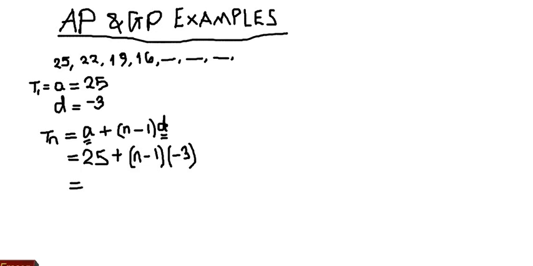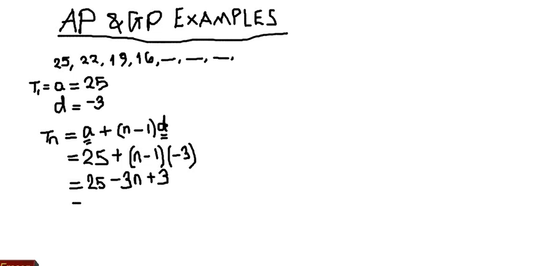So we expand and simplify this expression, which gives us 25. Then when we multiply to remove the brackets here, we have negative 3 times n, by expanding or distributive law. The negative 3 will multiply both the n and the negative 1. So when we multiply negative 3 times n, it will change the sign here from positive n to negative 3n. Then negative 3 times negative 1 will give us positive 3.